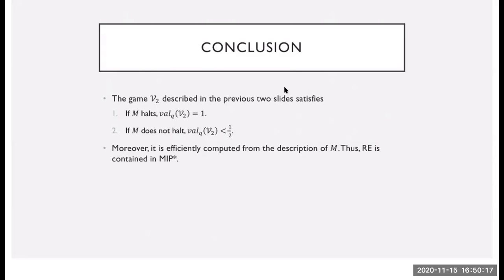Okay, Nati, I can tell you the following. No matter how succinctly you give me a graph, they can decide in some bounded time whether this graph is 3-colorable or not, using MIP star. If you can distinguish between value 1 and value 1/2, you can decide, no matter how succinctly you give me a graph.